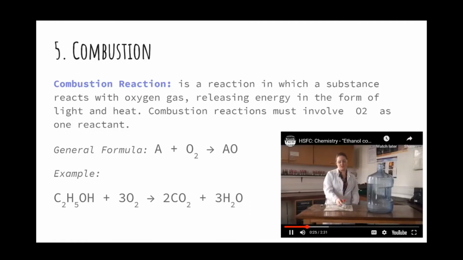All right, the demonstration we're going to do today is to show the combustion of ethanol, a highly flammable liquid. Okay, so we're going to take our ethanol. We're going to pour all our ethanol into this large bottle here, and then we're going to shake the bottle around. What we're doing here is we're making ethanol vapour.